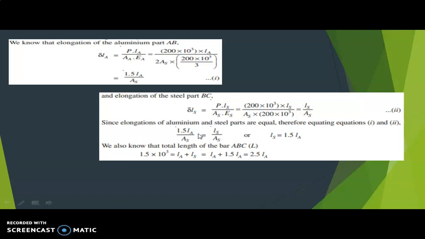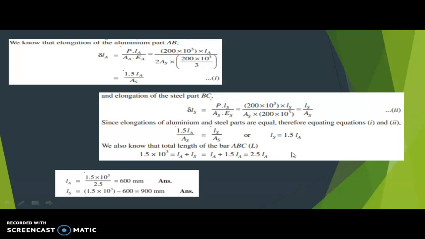So when you substitute those values, 1.5 LA divided by AS is equal to LS divided by AS. Okay, simplify this, what happens, you will get length of the steel bar is equal to 1.5 times length of aluminium bar.